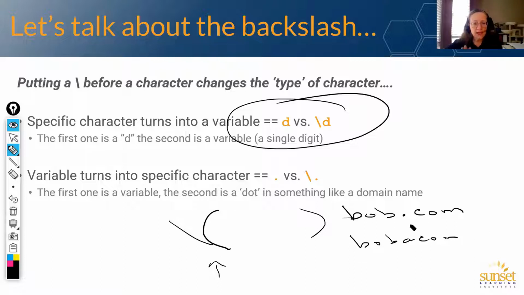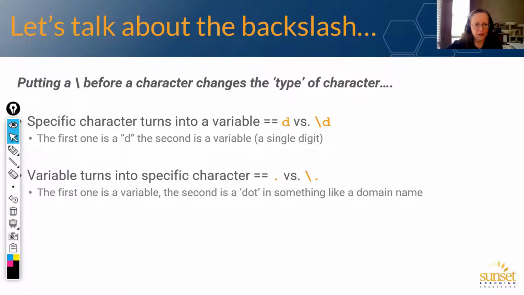In order to say to VCS, no, no, no, don't view this as a variable, view this as a character, again, I put the backslash in front of it, right? And this is why you see the weird slashes in strange places. Now, as I indicated on an earlier screen, the way Cisco views these characters and the way VCS views these characters is a little different. That's because Cisco predated Tandberg.